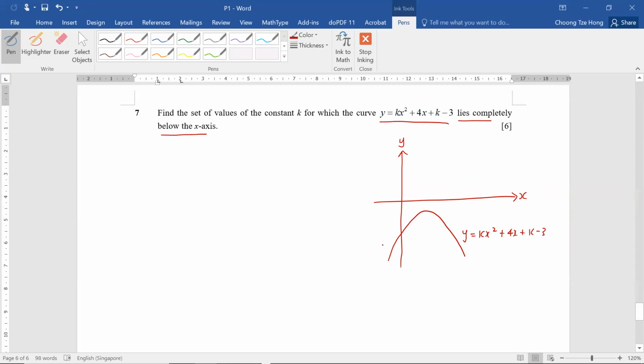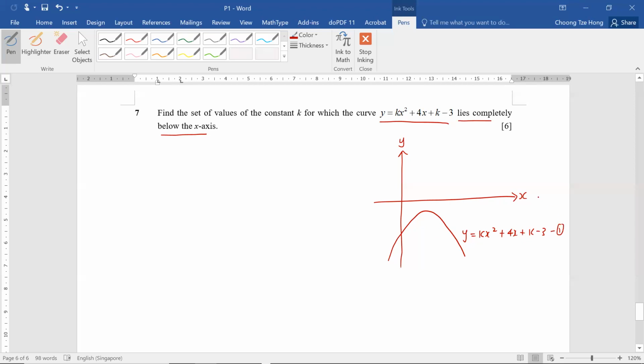It lies completely below the x-axis, so it does not intersect the x-axis. Basically we try to find the intersection points between this curve and the x-axis, and we should not be able to find any. In other words, there will be no real roots or no real solution when we try to solve this equation 1.